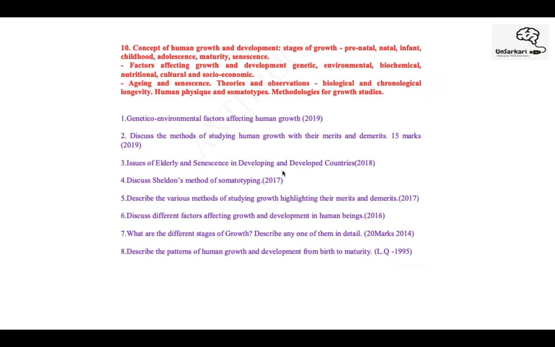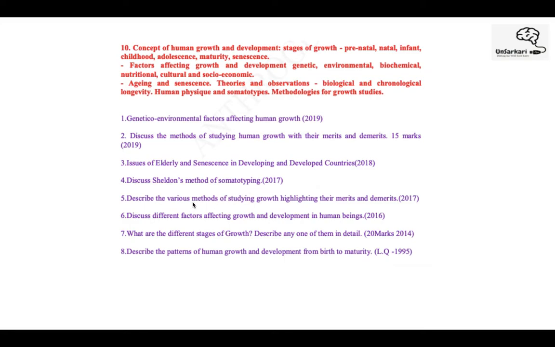This is obviously a question from paper one, so they'll not write India, but developing and developed countries. So you should have a fair idea of the difference between developed countries and developing countries in this perspective also. Then there's a theory question, Sheldon's method of somatotyping.